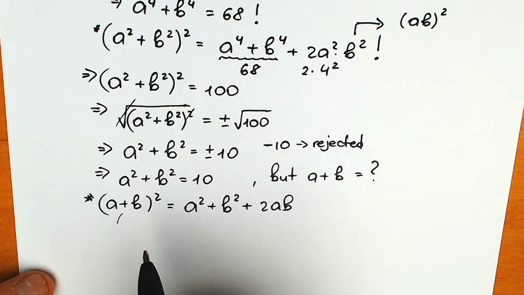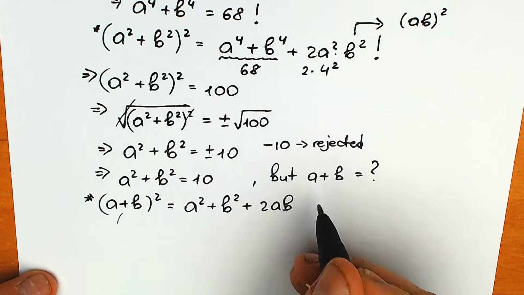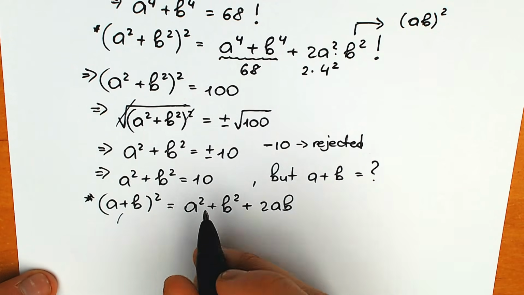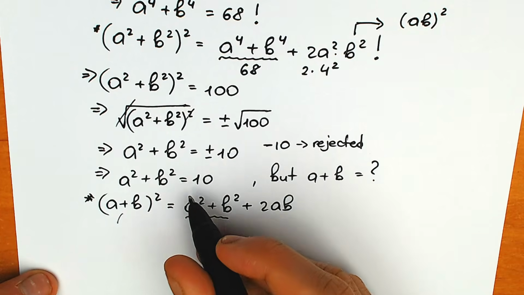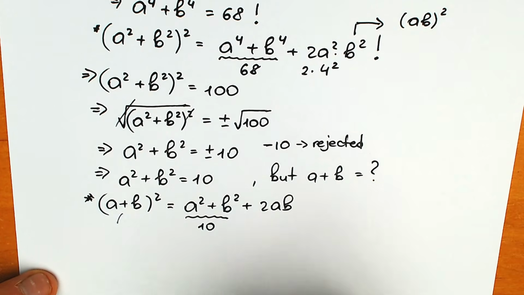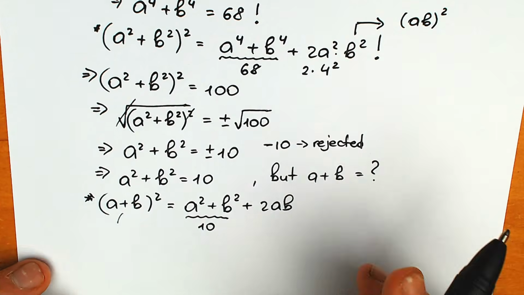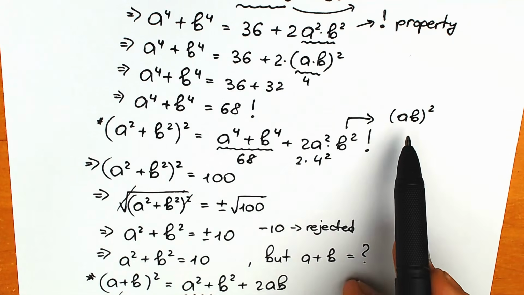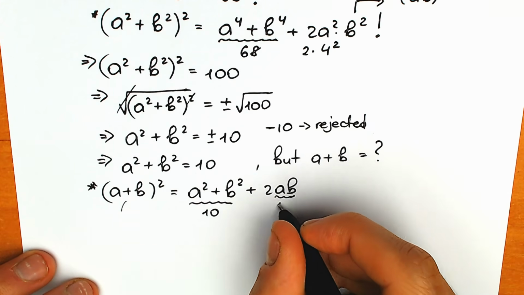And right now, let's look closely at what we know from here. Right here we have a plus b, the expression that we need to find. We have it to the second power, we square it, but doesn't matter, we will solve it. On the right side, a² + b², we know it, this is equal to 10, the sum of two squares. And ab equal to 4. We had it almost two times right here, ab equal to 4.